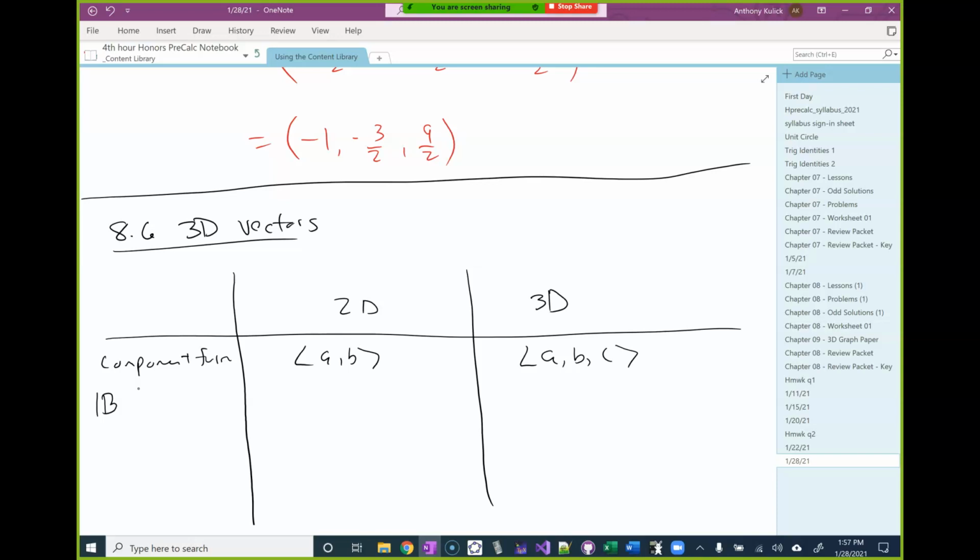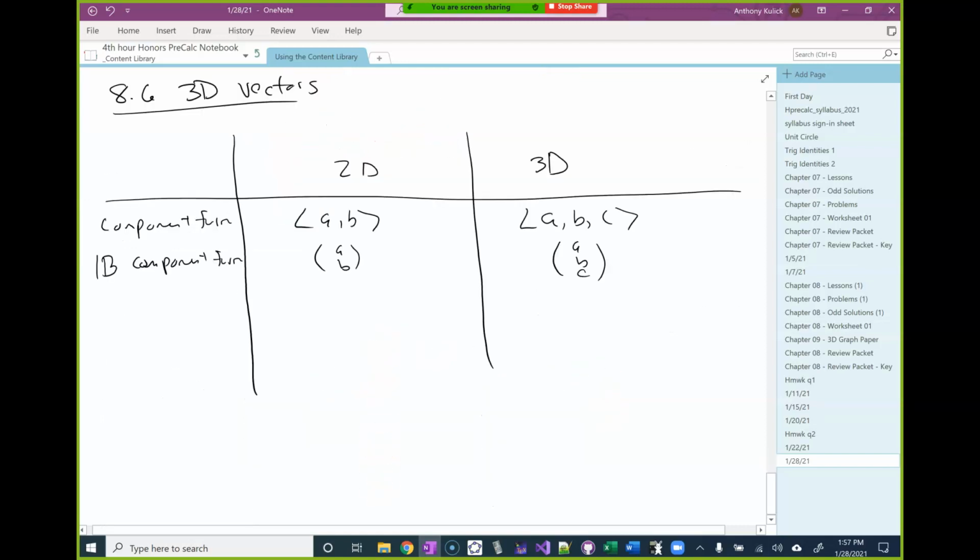Is that okay? So the first one is just component form. For head minus tail, we had x2 minus x1, y2 minus y1. So the same idea for 3D, but we have an extra component.